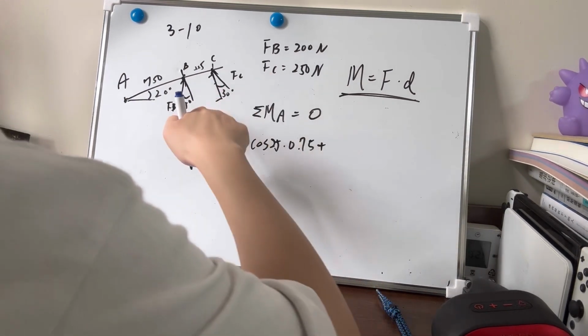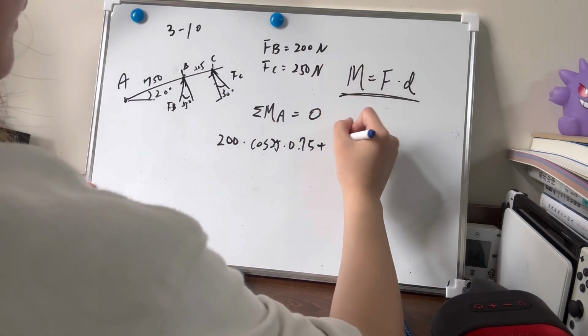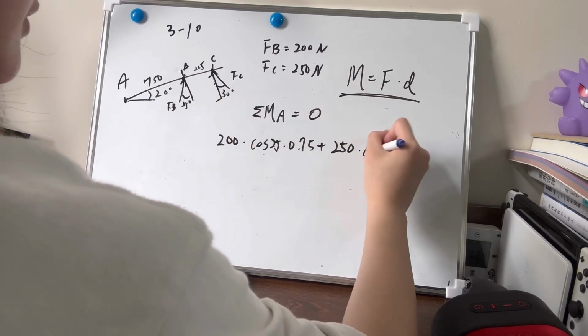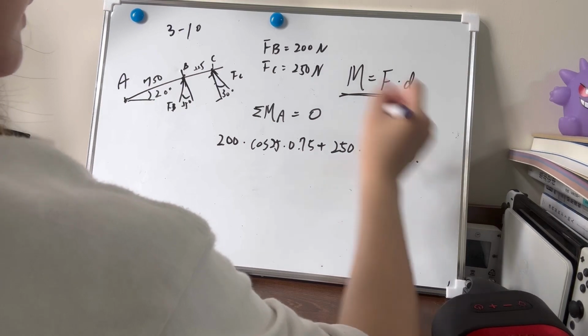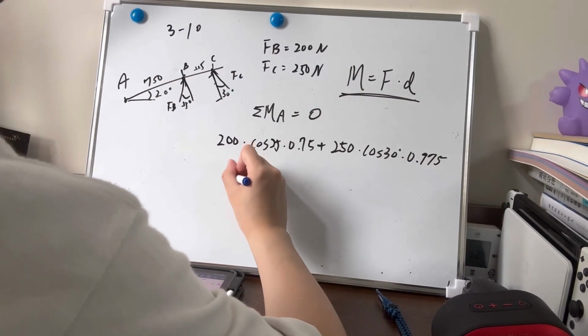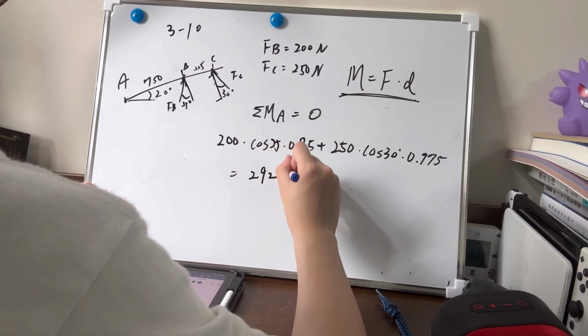And then the force FC cosine 30, and times the distance is 0.975. So we got the answer is 292.